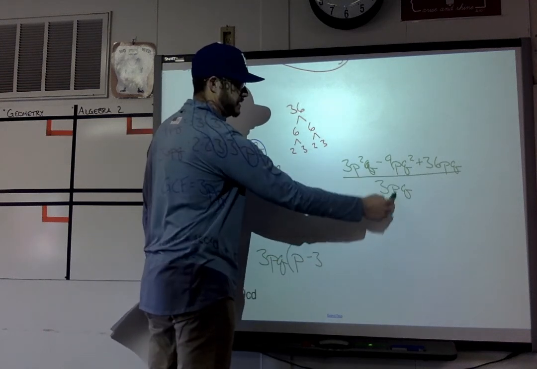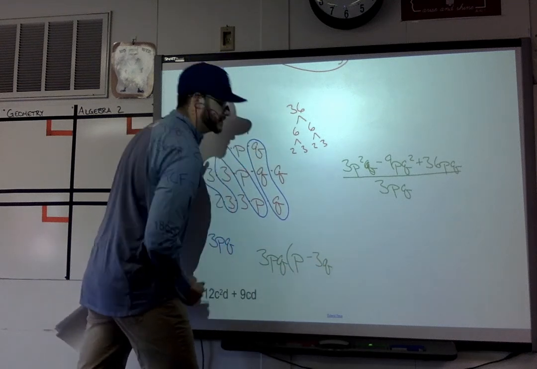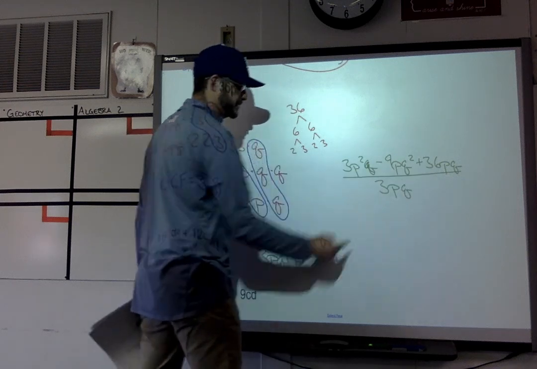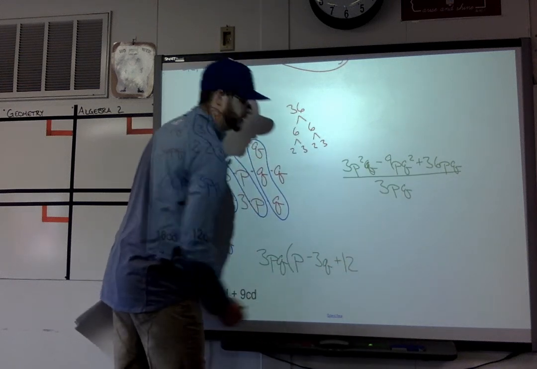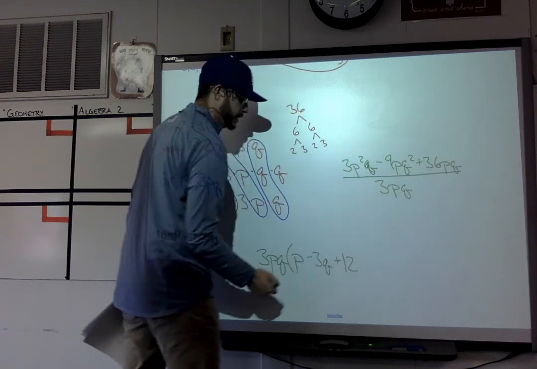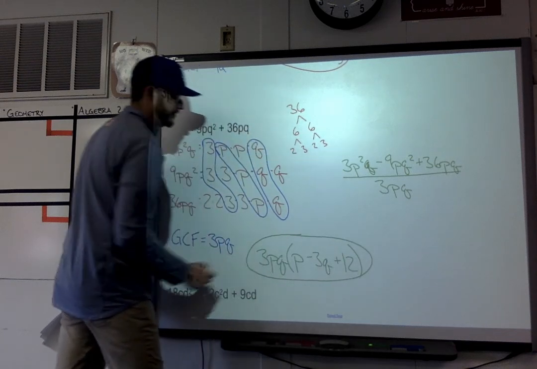P divided by p, those cancel. Q squared divided by q leaves us with a q. Then our last one, 36 divided by 3, leaves us with 12. P and p cancel, q and q cancel. So that would be our final answer.